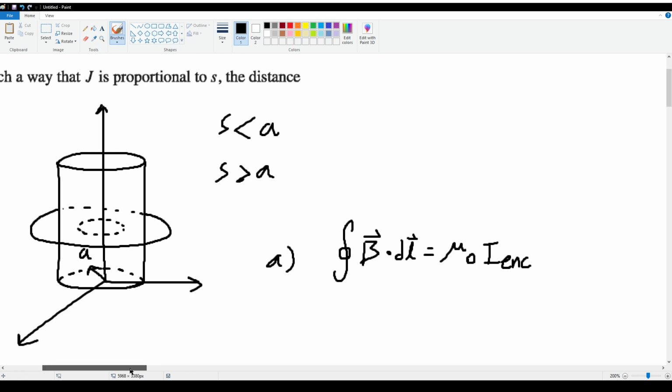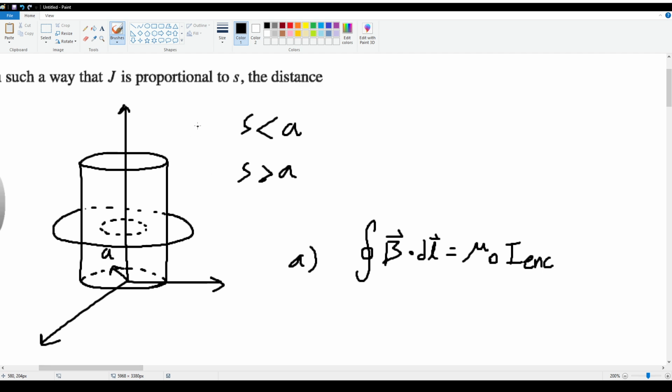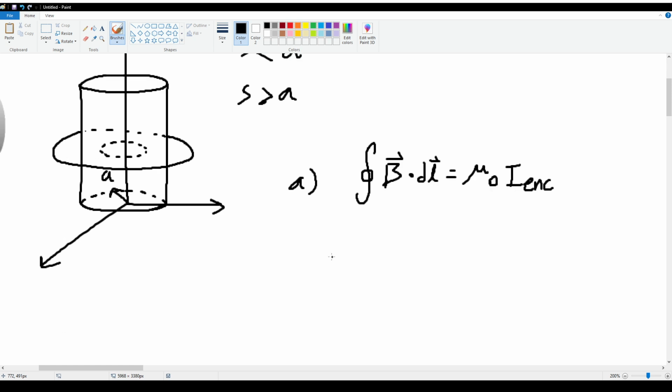So due to the symmetry of this setup here, the Amperian loops will actually be experiencing the same magnetic field in each part of the loop.